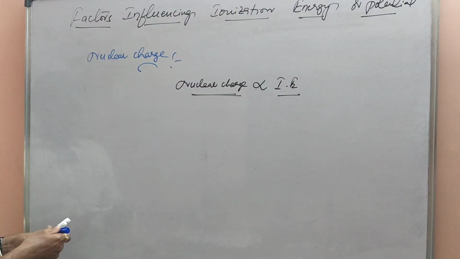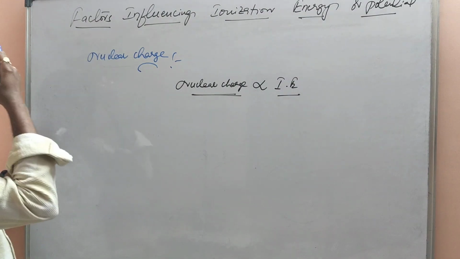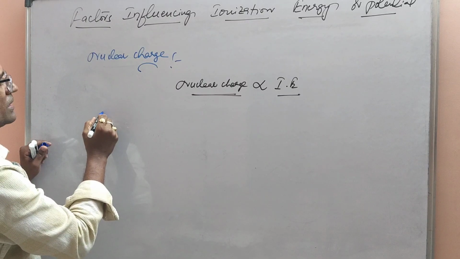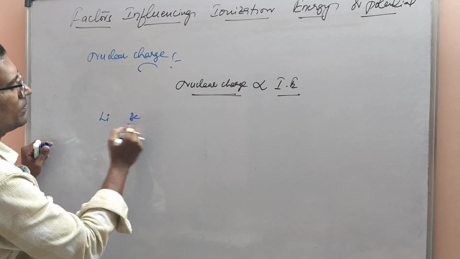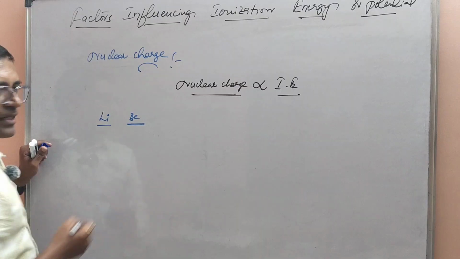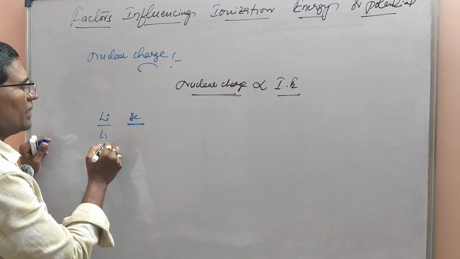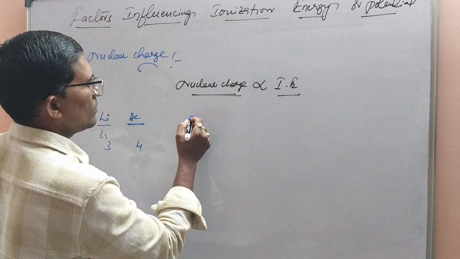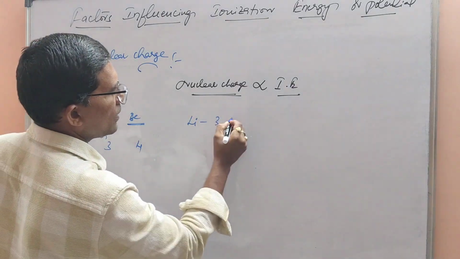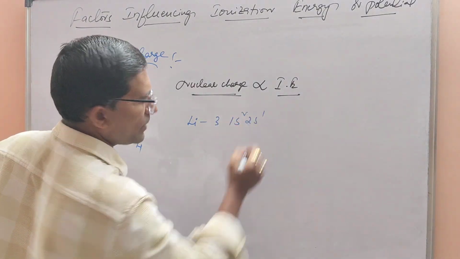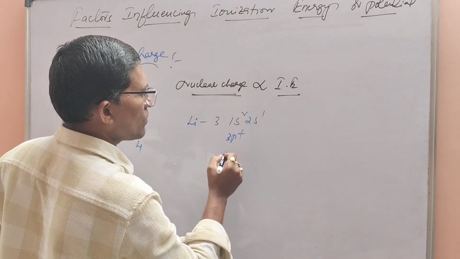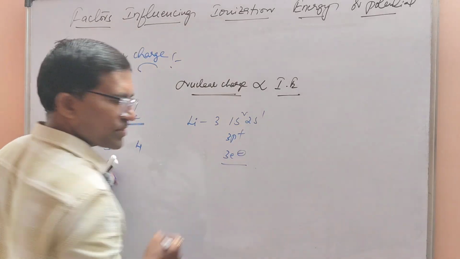Okay. Now, listen. For example, I will take the example of lithium and beryllium. Lithium atomic number is 3, beryllium is 4. Lithium atomic number 3, configuration is 1s2, 2s1. The nucleus contains 3 protons. Outside the nucleus, we have 3 electrons.